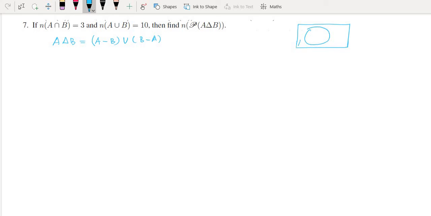let this set be A and let this set be B. So A minus B will be these portions, and B minus A will be this.